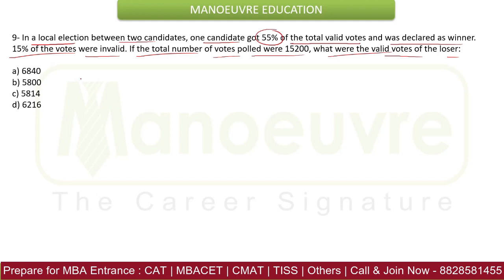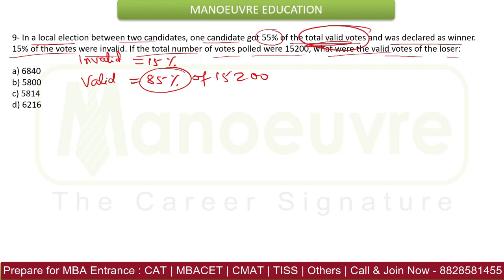Now you see, if I check valid votes and invalid votes, invalid votes are 15%, that means valid votes are 85%. But 85% of what? 85% of total votes polled, that is 15200.